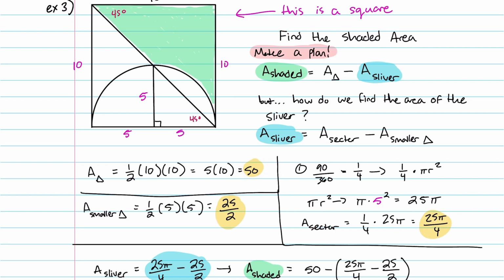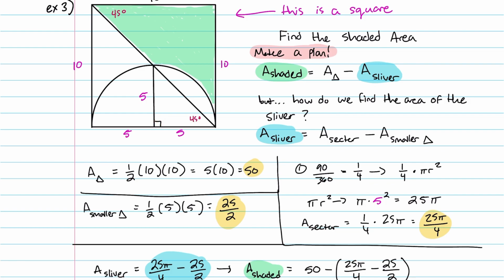To get the area of the sector, notice this is a 90-degree angle. So 90 degrees means this is a fourth of the circle, because 90 out of 360 is 1/4.